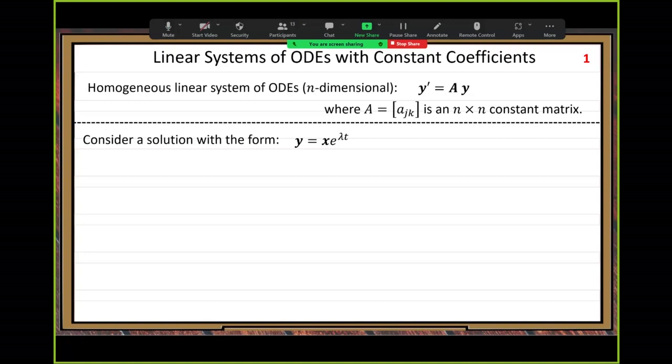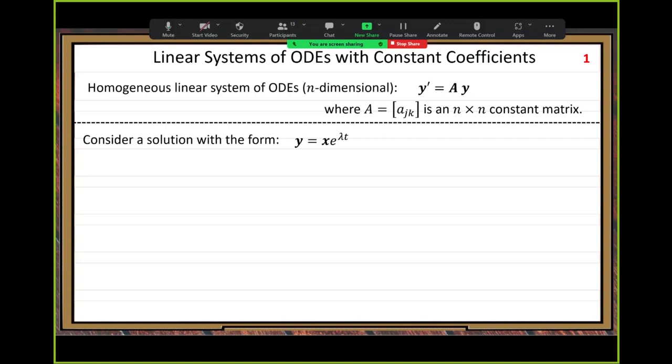So here we generalize from that decay model. We use this special type of solution, and we generalize from the scalar y to vector y. Instead of the scalar coefficient C, we use a vector coefficient x. That's the difference. In the generalization, we extend from scalar to vector form.